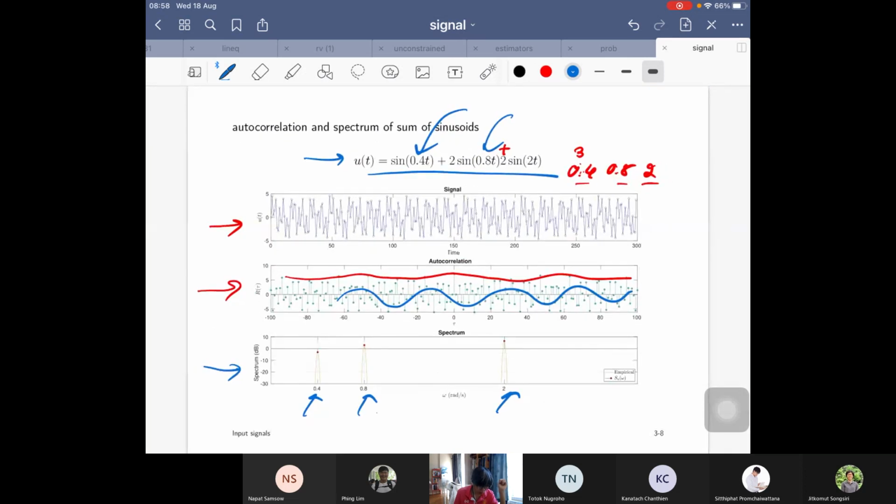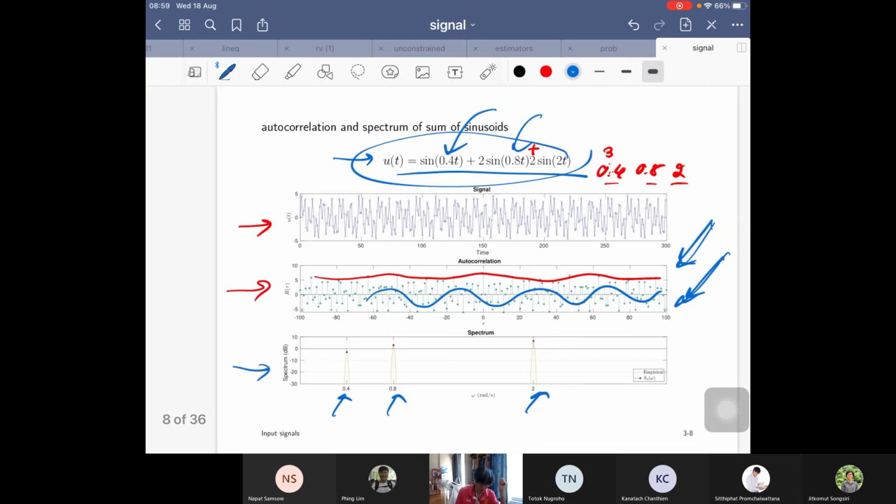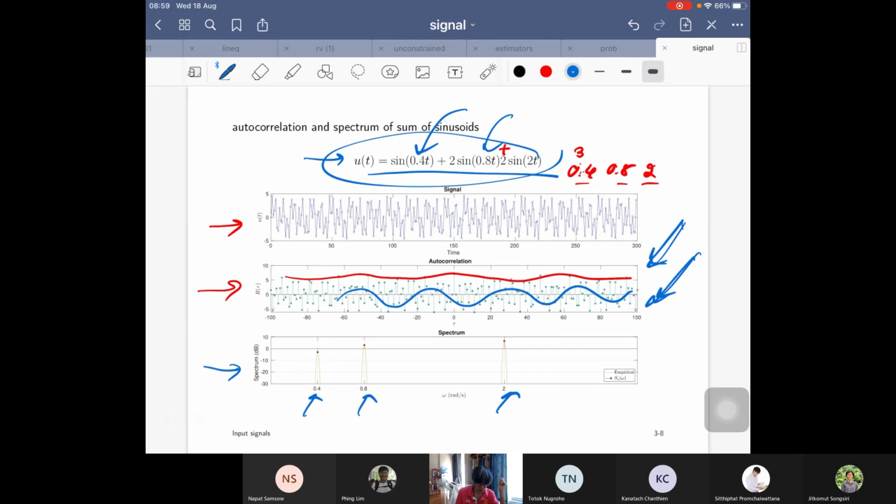It's a good exercise to reproduce a plot like this, because it requires some concepts of signal processing. If I give you a time domain signal, can you compute the autocorrelation using computer code? Verify the theoretical value using software like MATLAB or Python, and see if it agrees with your theoretical expression.